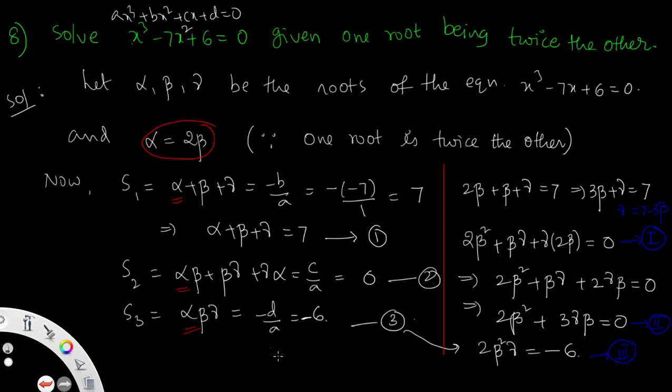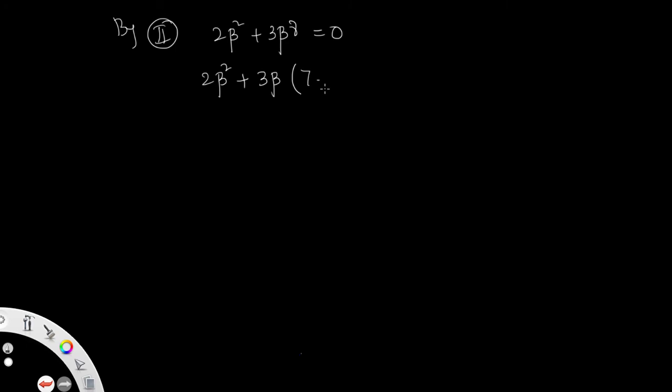2 beta square plus 3 beta gamma equal to 0. Then we can replace gamma, that is 7 minus 3 beta, so 2 beta square plus beta into (7 minus 3 beta) equal to 0.